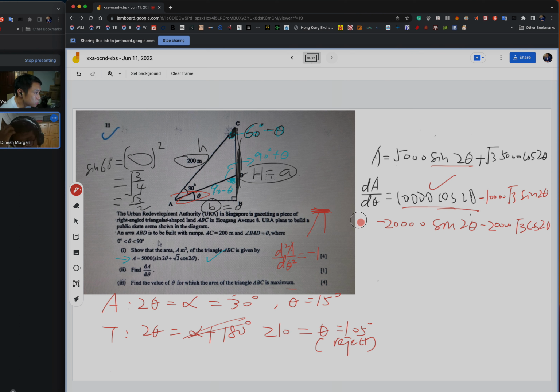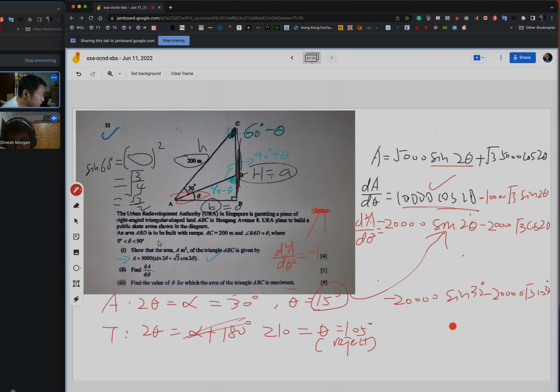So this is your second derivative. And you need to show that when you put in 15 degree, it's going to be a negative value. So it's 20,000 negative sine 30 degree minus 20,000 square root 3 cosine 30.